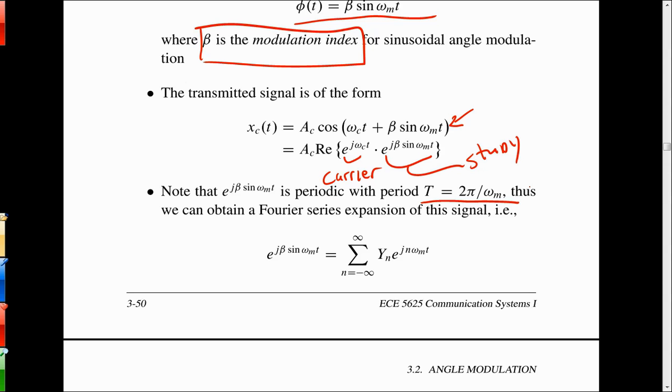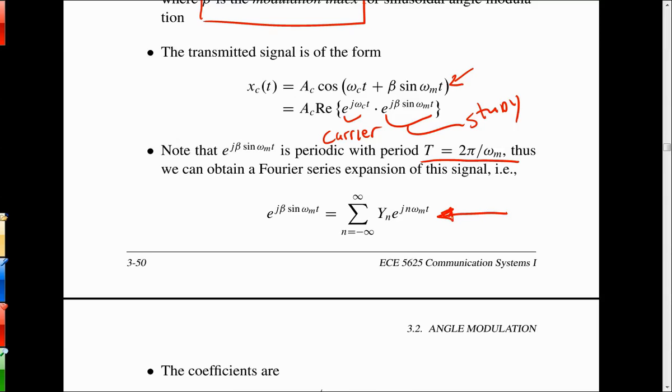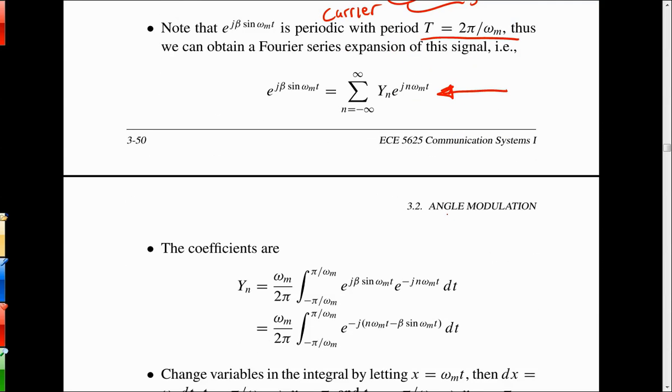but it's running through that complex exponential. Because it's periodic, you can step back and say, Fourier series, what about that? It must exist. It's a periodic signal, so there must be a Fourier series for that. It's like nothing else you've had to deal with before, but it must exist because Fourier series exist for periodic signals.